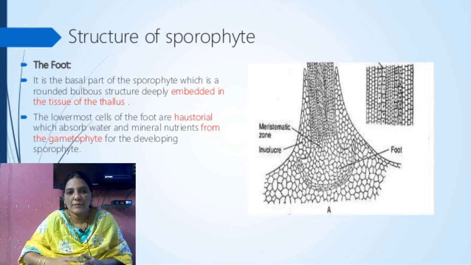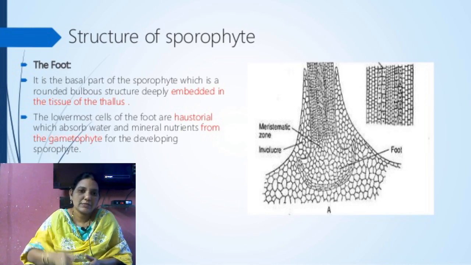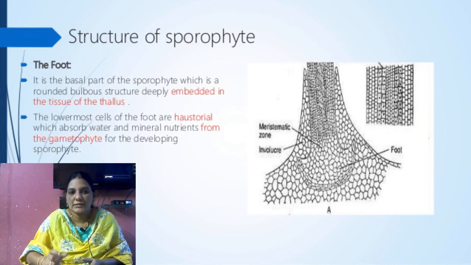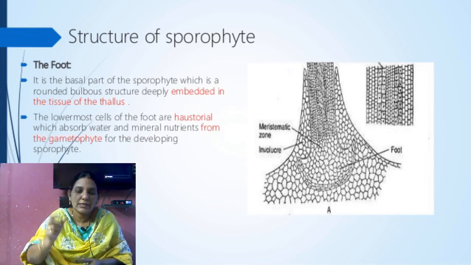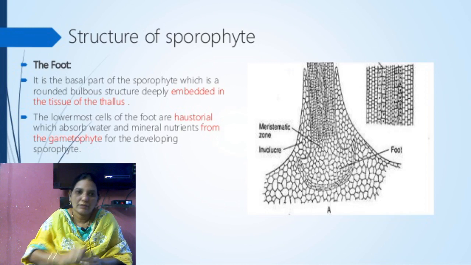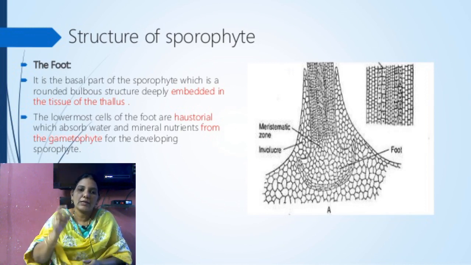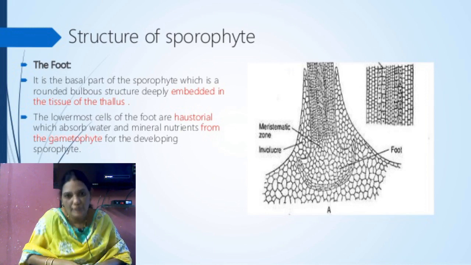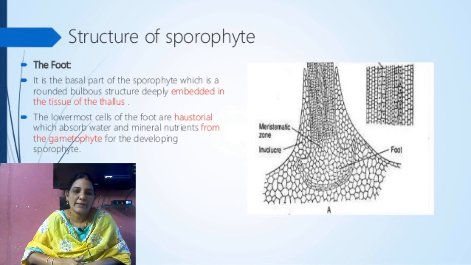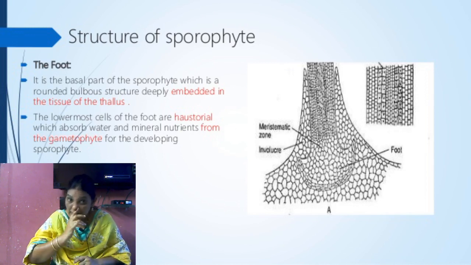This columella is made up of parenchyma tissue, and it is present in 16 vertical rows, in the middle of the sporophyte. The epidermis is present on the outer side of the sporophyte, and the columella in the middle.